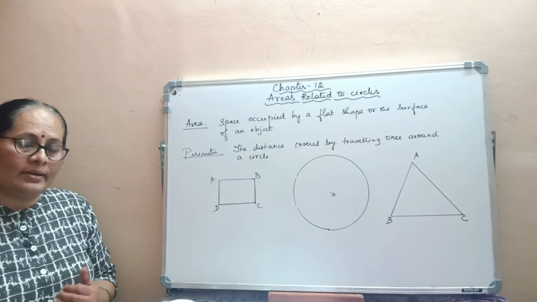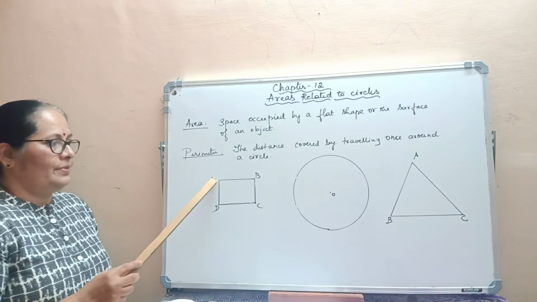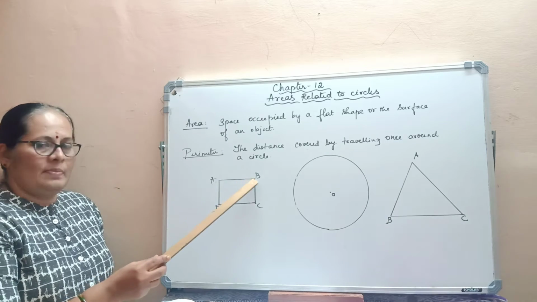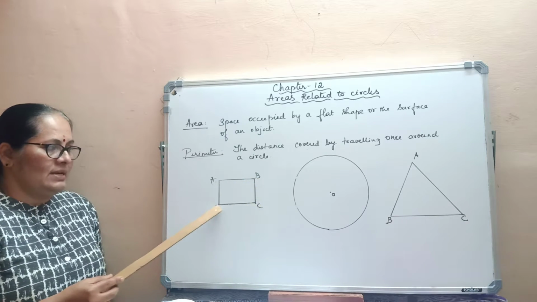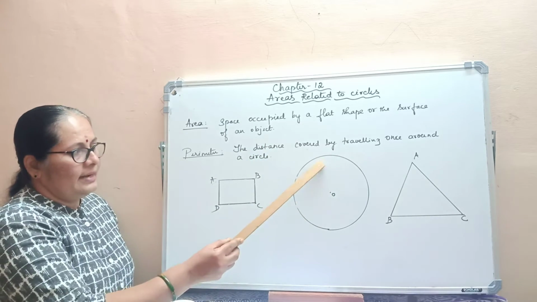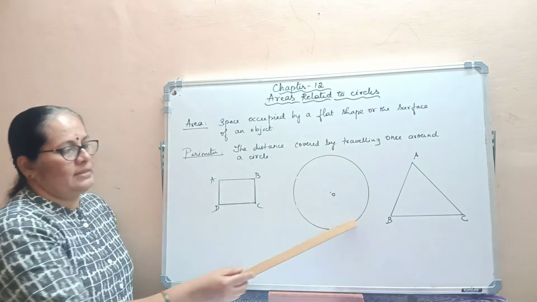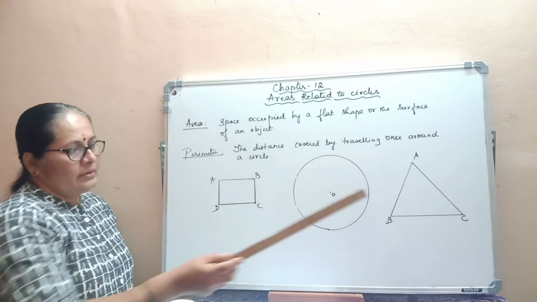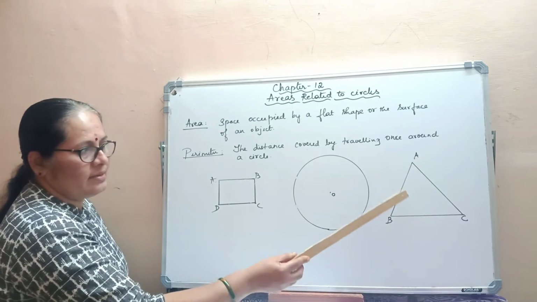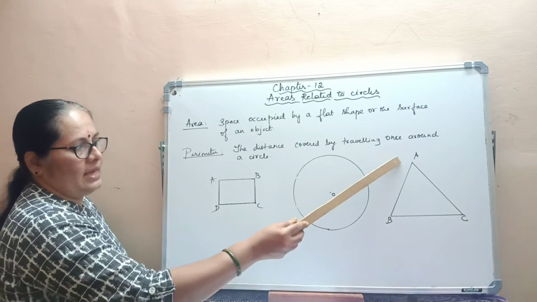Then how will we calculate perimeter? Perimeter is the length of the boundary. See here, for this figure, perimeter is AB plus BC plus CD plus AD. What about this figure? Perimeter is the length of this boundary, that is nothing but the circumference of the circle. And in this figure, perimeter is the sum of the three sides, that is AC, CB and AB.